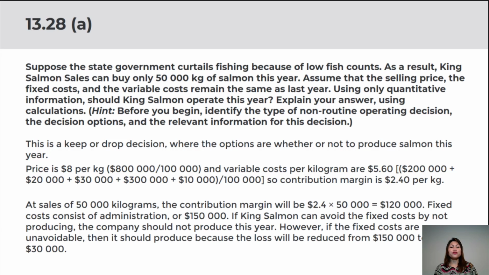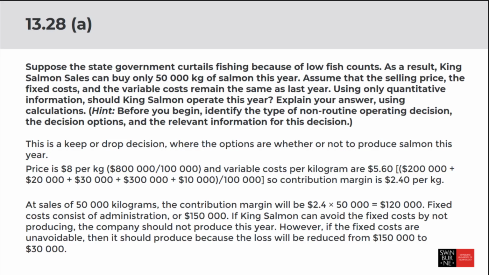At sales of 50,000 kilograms, the contribution margin will be 2.4 times 50,000 equal to $120,000. Fixed costs consist of administration, 150,000. If King Salmon can avoid the fixed cost by not producing, the company should not produce this year.